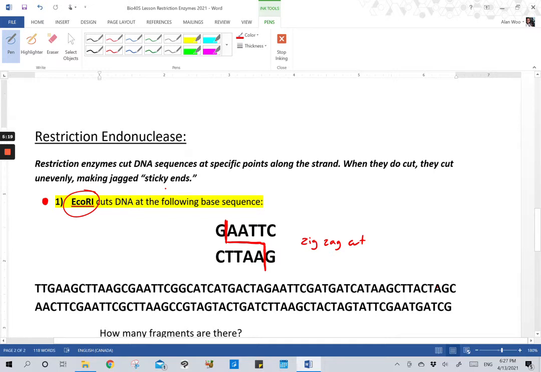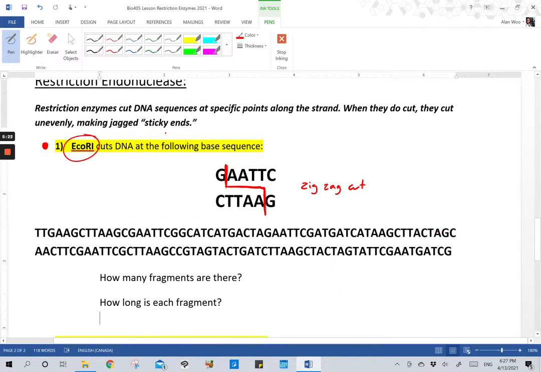If we look at the example below, we have a long chain of DNA bases. If we scan through the entire length, and again I'm only focusing on the top, we're going to look for GAATTC. Once we find it, it's right here.